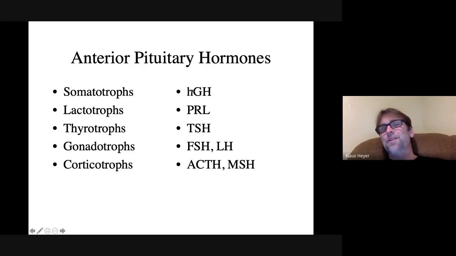I've seen it written with a capital letter also, but I did that small h on purpose. It's not a typo. Anyway, these are the anterior pituitary hormones. We're going to talk about each one later. And these are the 5 cells that make these hormones. The anterior pituitary gland has 5 different types of cells, and they manufacture these hormones.